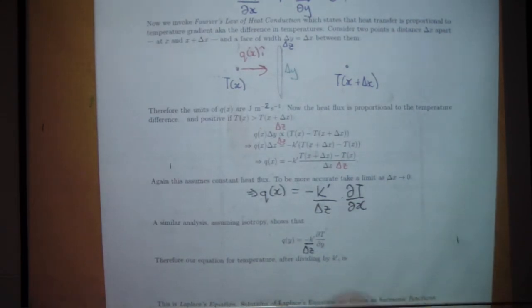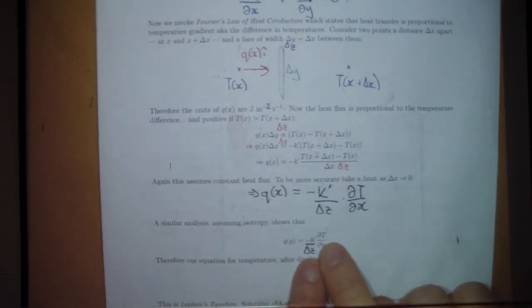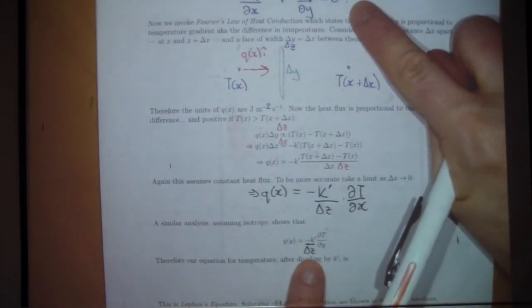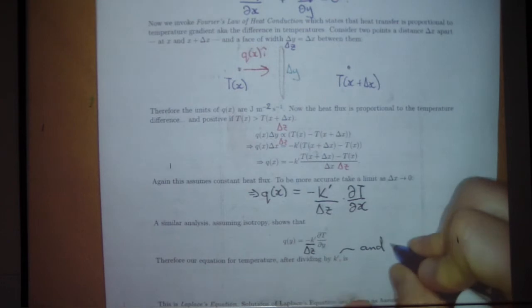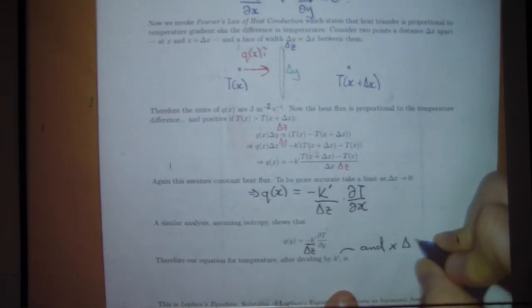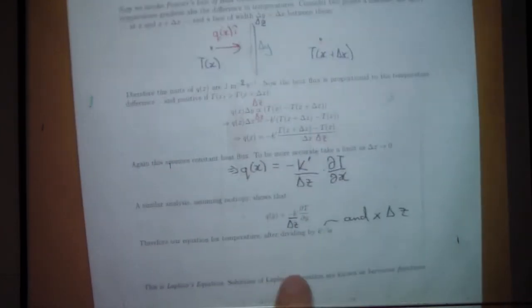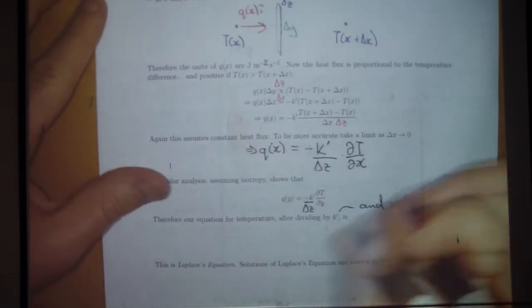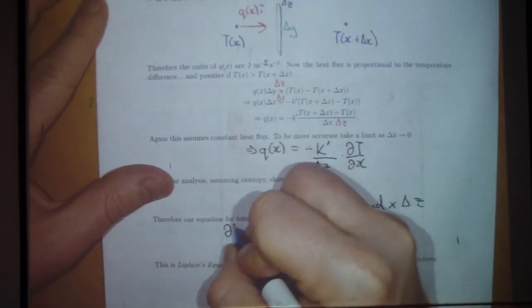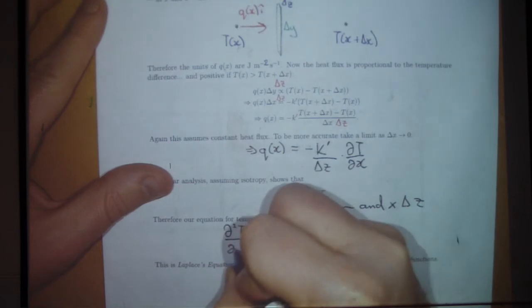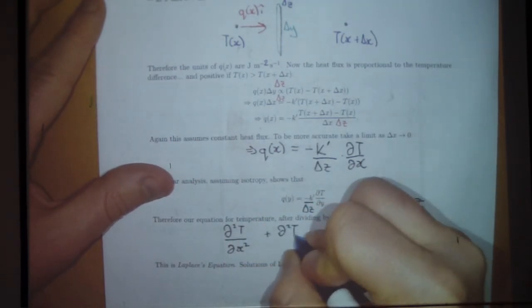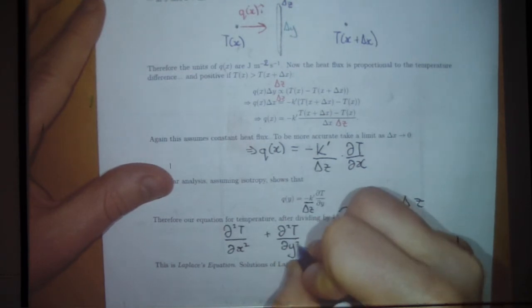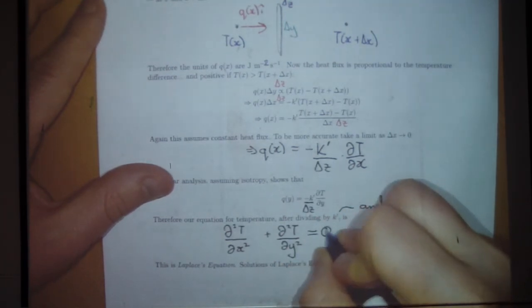And so if you throw this up into this, dividing by K and multiplying by delta Z, we end up with the following equation for the temperature. The second partial derivative of temperature with respect to distance, plus the second partial derivative of temperature with respect to vertical distance, is equal to 0.